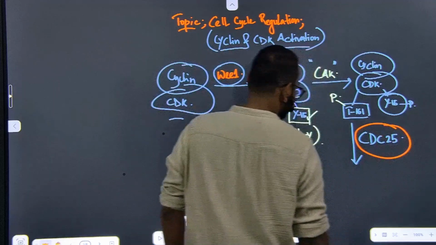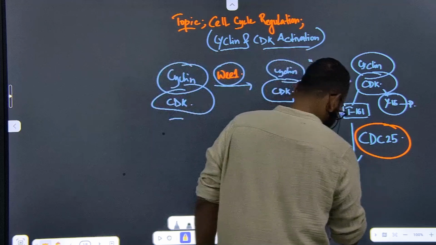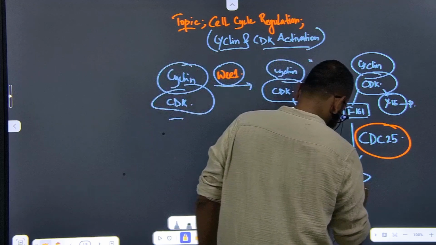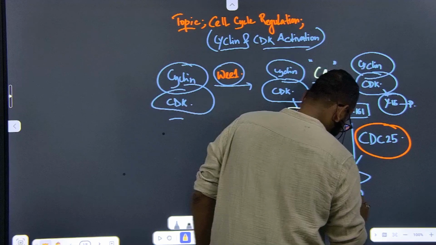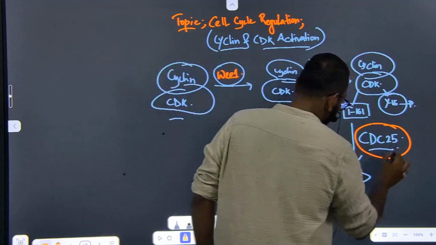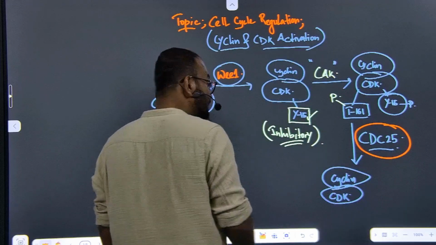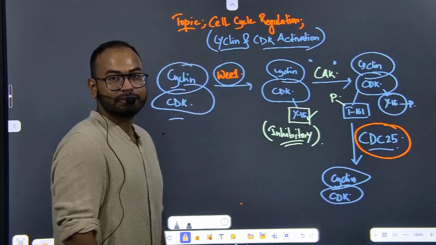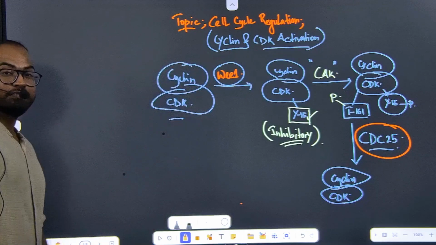CDC25, what it does, we have our cyclin, we have our CDK. So, CDC25 being a phosphatase, it dephosphorylates the tyrosine 15.